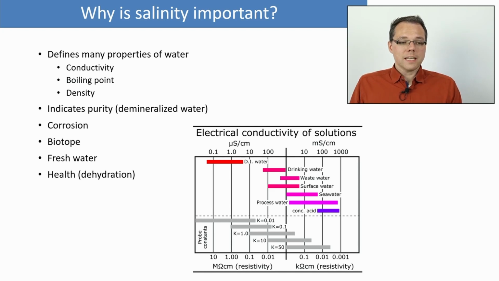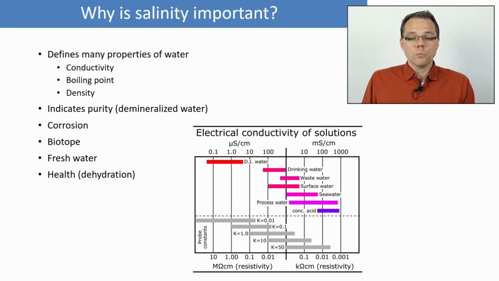It can also indicate purity, in the sense that very pure water has a very low conductance because there's no salt in it that makes it conducting. So, for example, if you want to have pure water, usually you have demineralized water. That means you removed all the salt from it. For corrosion, it's important because water with high salt content corrodes other things a lot faster.